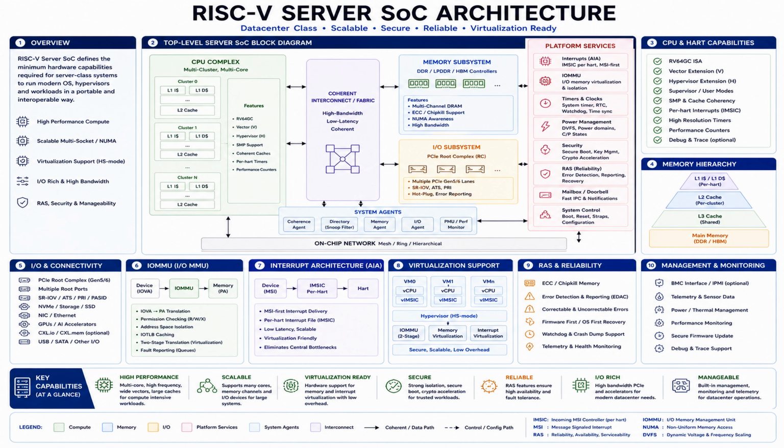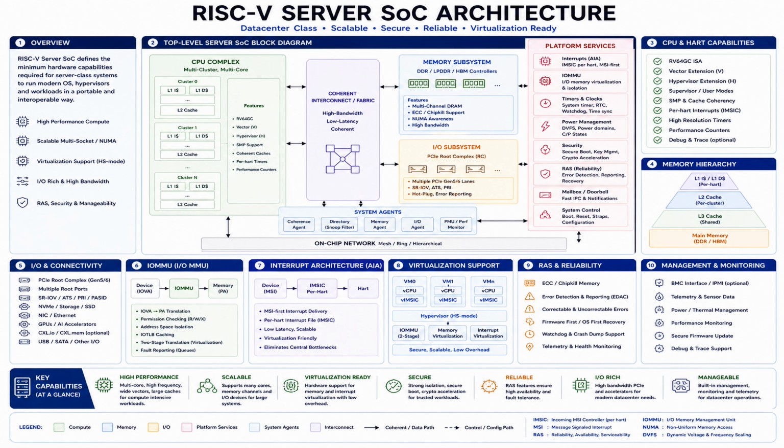DRAM controllers in server SoCs have multi-channel DRAM, high bandwidth, and NUMA awareness for scaling. So hierarchical caching and high bandwidth memory equal performance at scale in server SoCs.